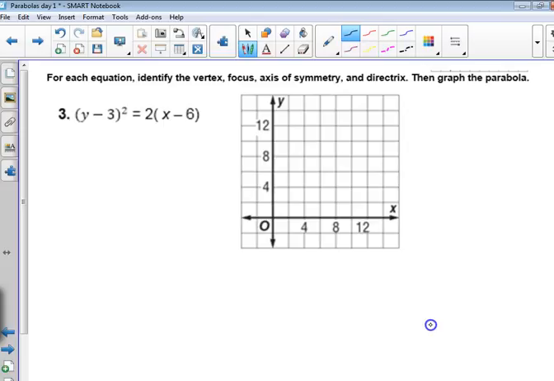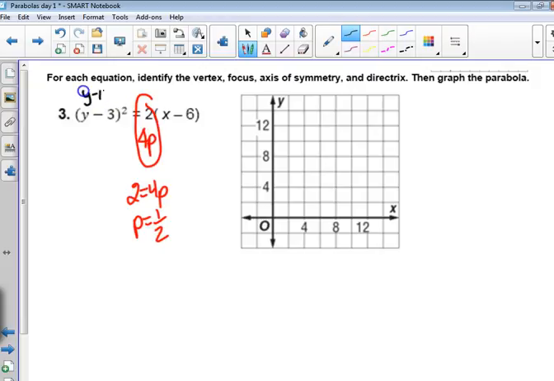What changes on 3? Yeah, 4p is going to be 2 equals 4p, so p is 1/2. Okay, can we kind of talk through this one together quickly?